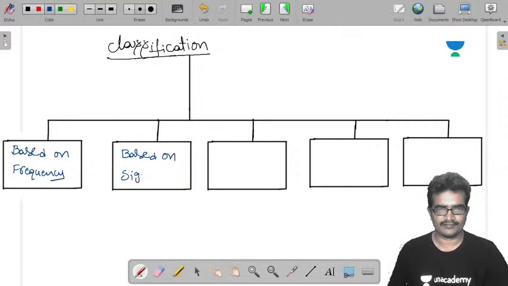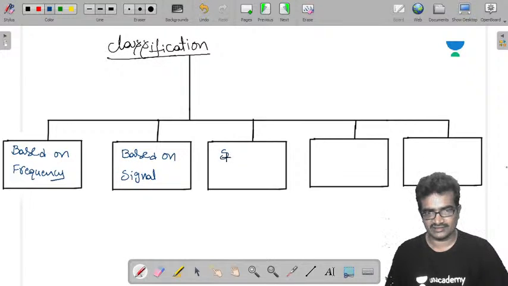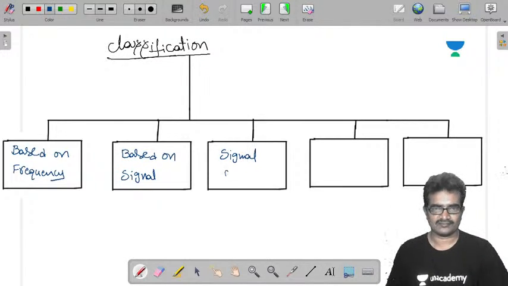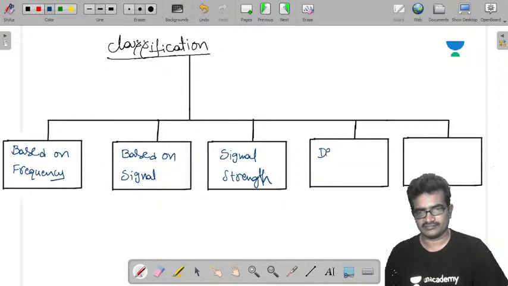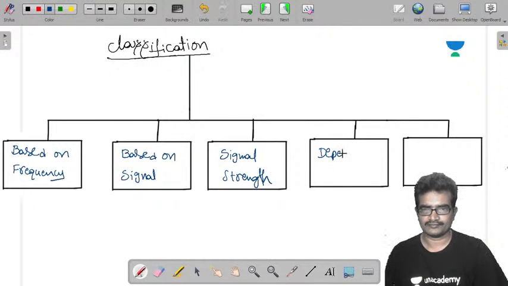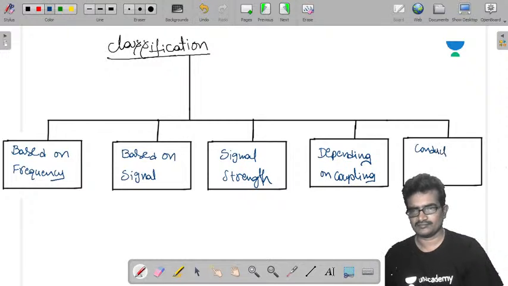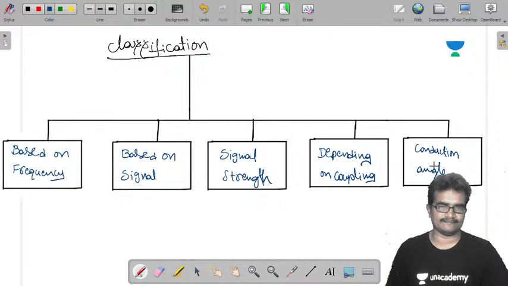Next, based on signal strength. And depending on coupling. And the last one is based on conduction angle. This is the classification of amplifiers.